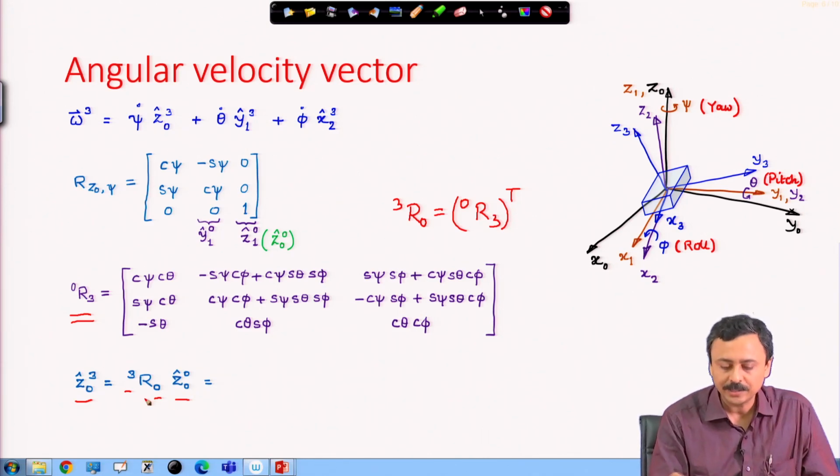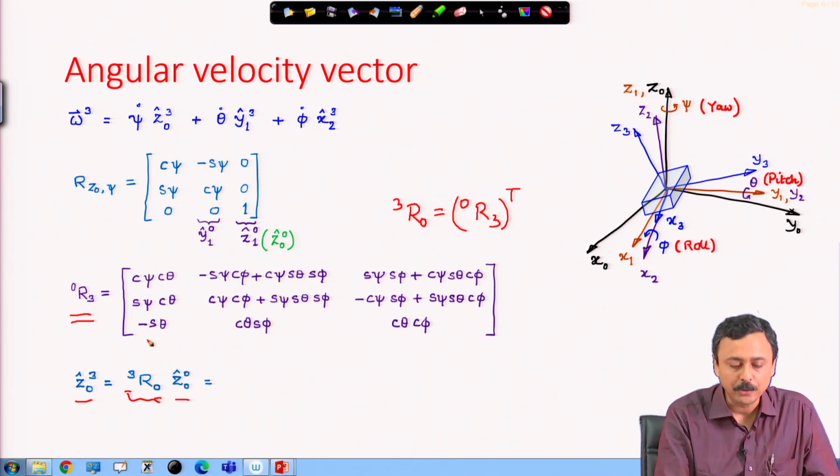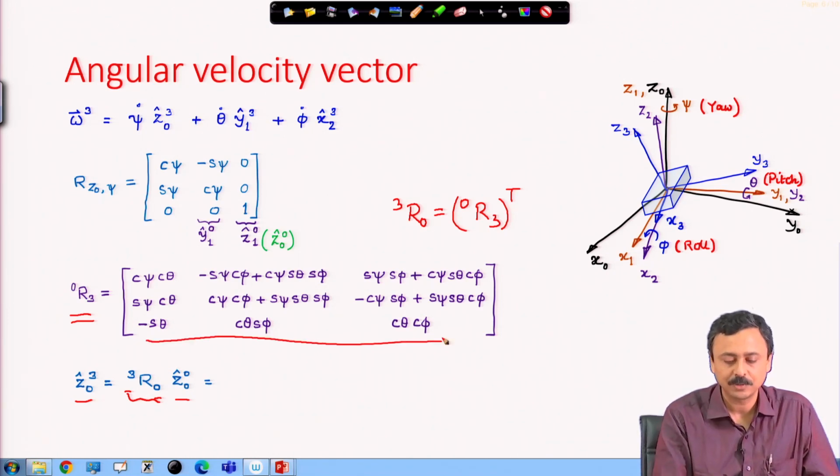What does it do? It filters out the third column of this matrix, and the third column of this matrix is nothing but the third row of this matrix, because the transpose of this matrix is this matrix.